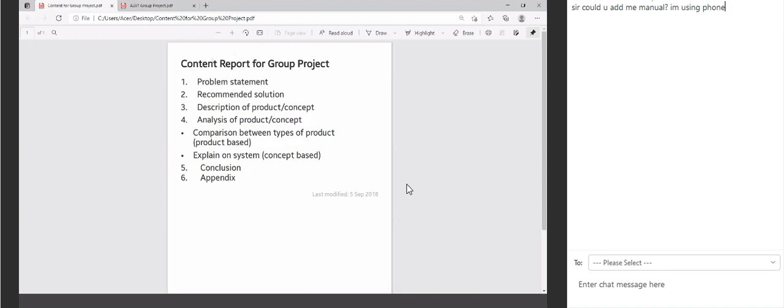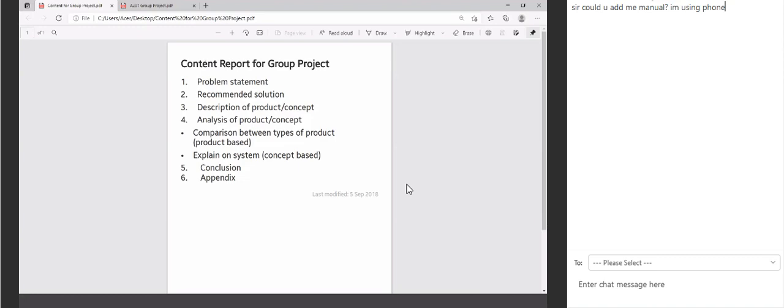For the problem statement, make sure that your problem statement is a real problem, a problem that everybody faces, a problem that is urgent and important enough.